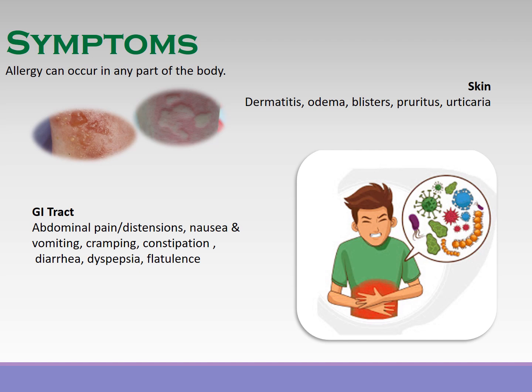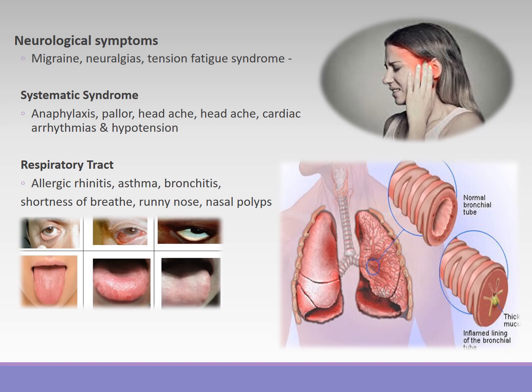Next, we are going to discuss neurological symptoms. Neurological symptoms include migraine, which is a headache on one side, neuralgia, which is a sharp and shocking pain that follows the path of a nerve, and tension fatigue syndrome.